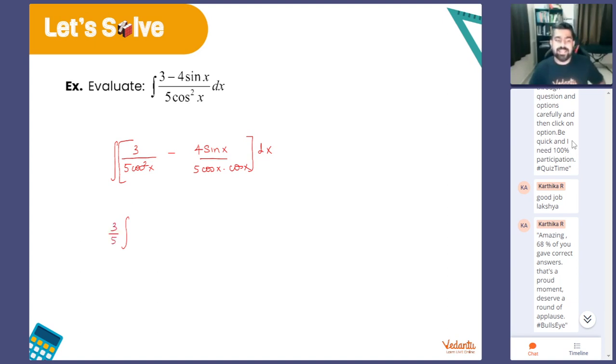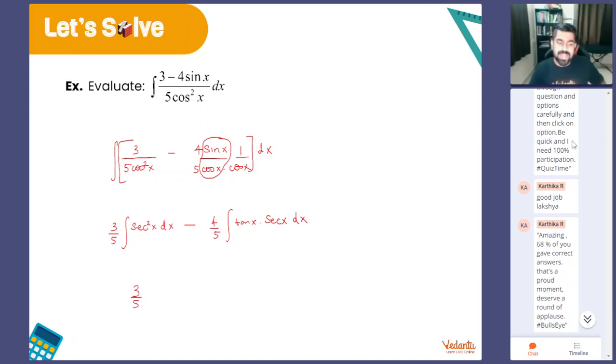So I can write this as integral of 3 by 5, 1 by cos square x, which I can write as secant square x dx. I can split the integral. Minus, I'll have 4 by 5 integral of sin x by cos x. Sin x by cos x is tan x. And 1 by cos x is secant x.